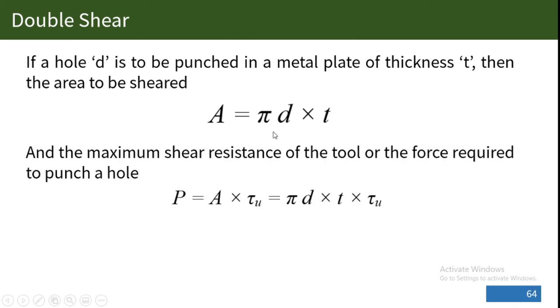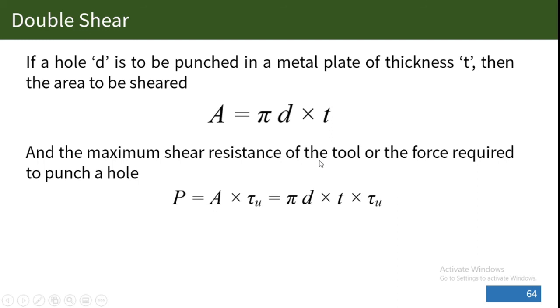Okay, and the maximum shear resistance of the tool, or the force required to punch a hole out of that metal plate, is equal to the following. From tau shear stress equals P over A, we get that the force applied is equal to the area times the shearing resistance.